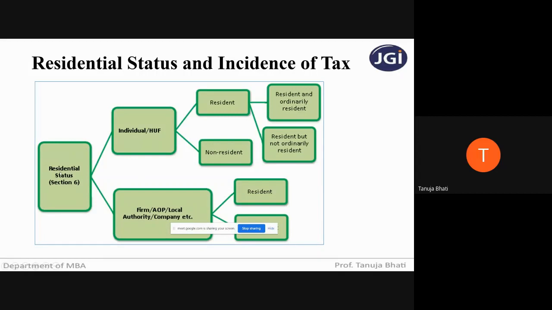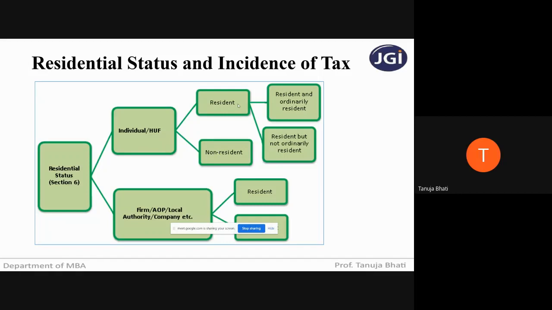Students, residential status is defined under Section 6 of the Income Tax Act. Remember that. We know that a person is divided into individual, HUF, firm, AOP, local authority, company, etc. Now, if it is an individual or HUF, it can either be a resident or a non-resident.